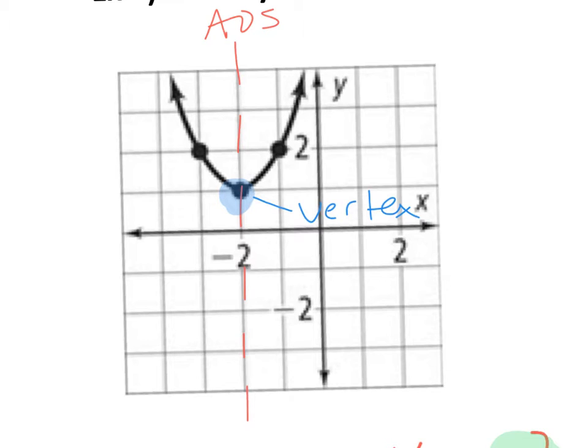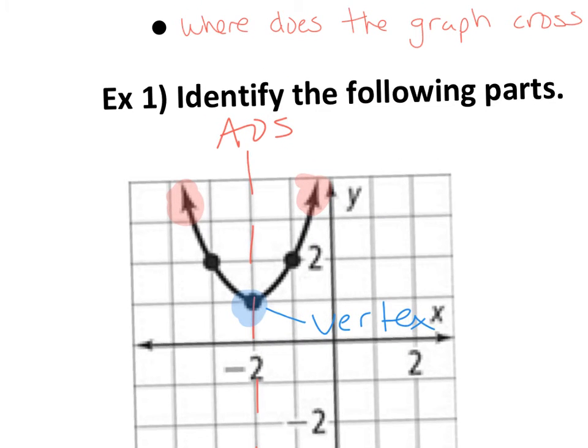Now, another important part to think about when we're talking about domain and range is, what do these arrows right here mean? Well, these arrows mean it goes on forever and ever and ever. And so one of the things that you have to understand is that on a parabola, not only does it keep shooting up, but it gets wider and wider, and it goes out farther and farther, okay? So on a parabola, it'll shoot either up or down, but it'll also get fatter and fatter the longer it goes, okay?